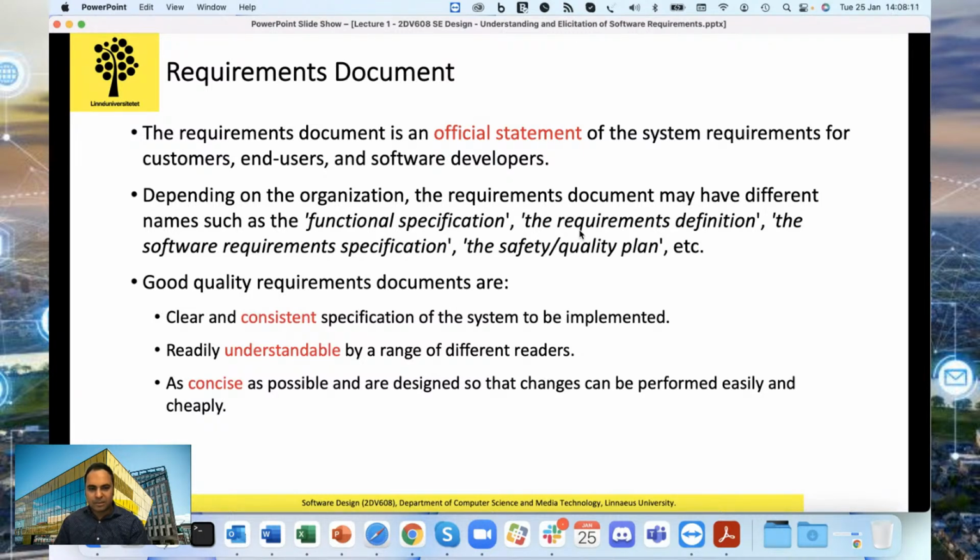But if you try to follow these three principles, then you can have a good quality requirements document. Be consistent, make it easy to read, and be as concise as possible.